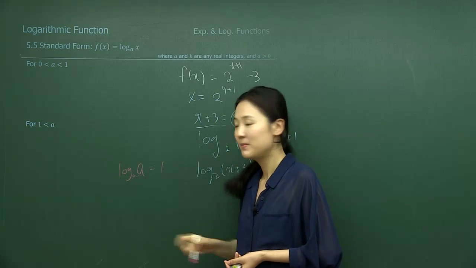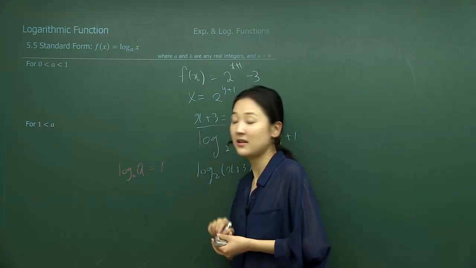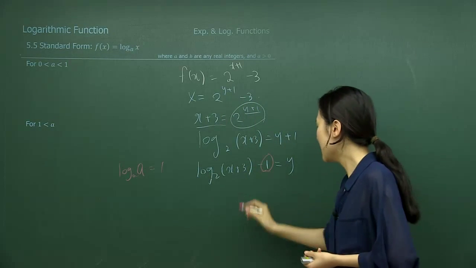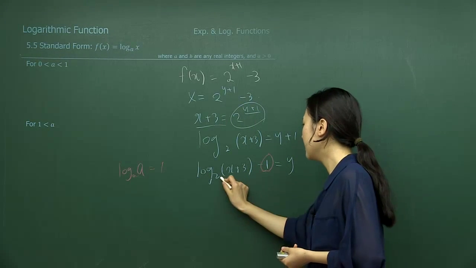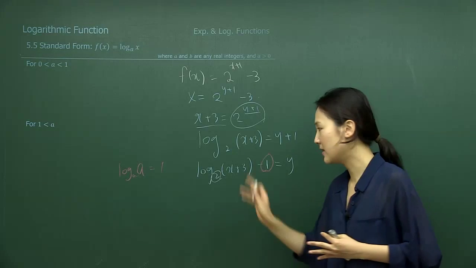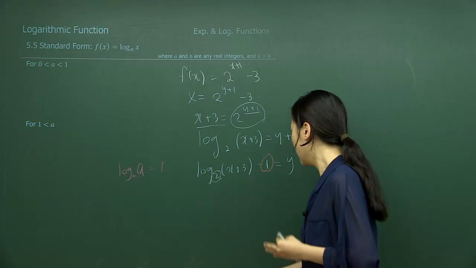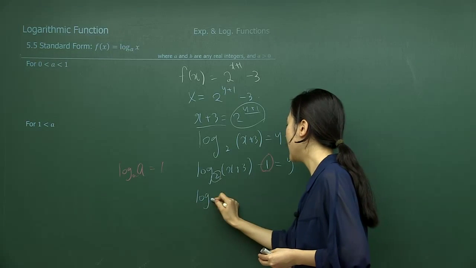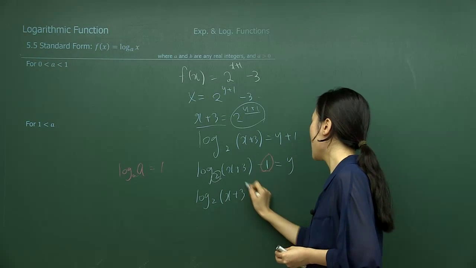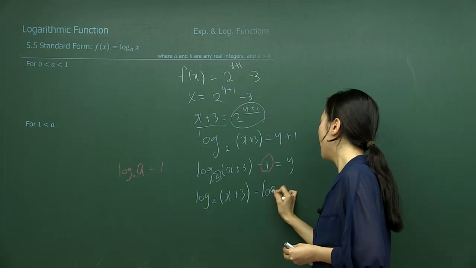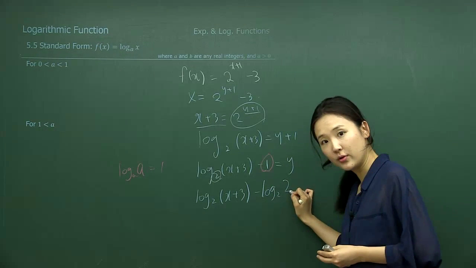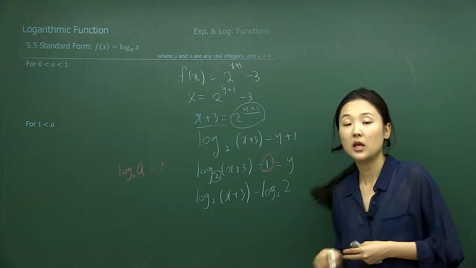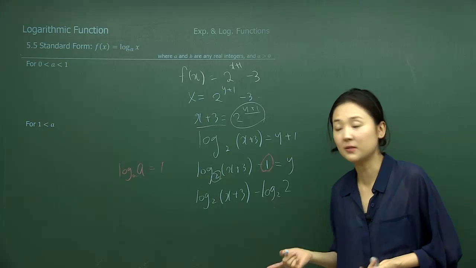Because a to the power of 1 is a, right? Make sure that you use the same base as the other term. If you write log base 2 of x plus 3, minus log base 2 of 2, it still is the same equation. We're just using the property, right?